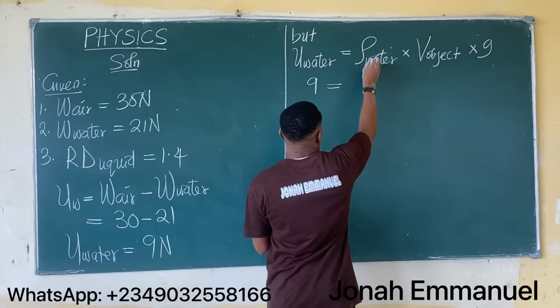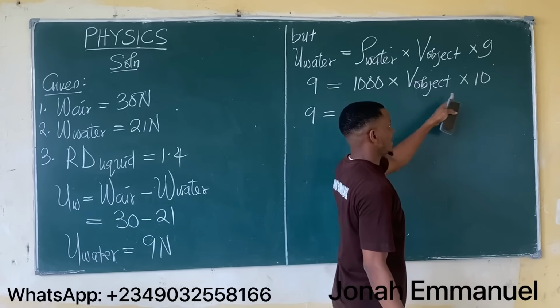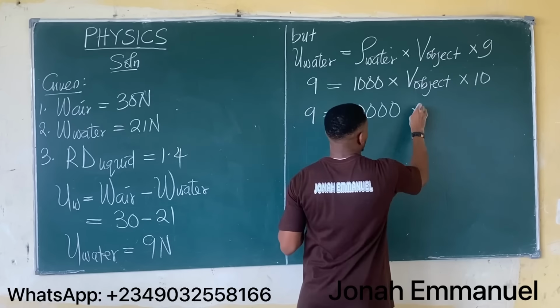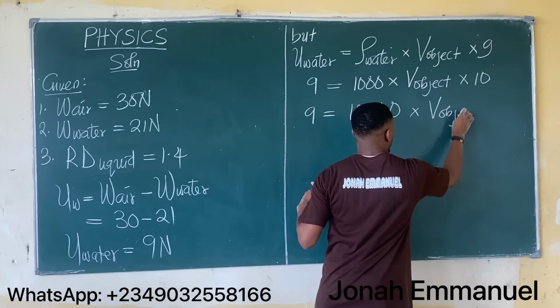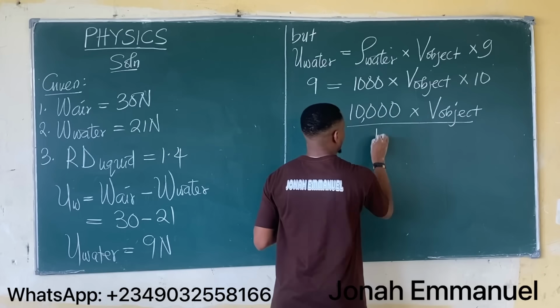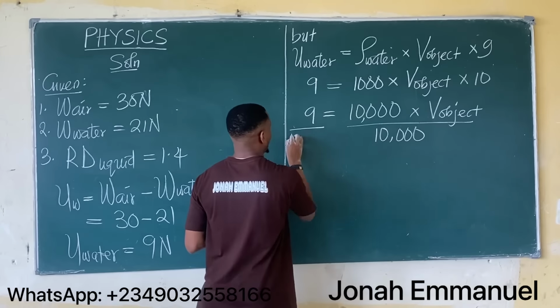So 9 equals density of water, which is 1000, times volume of the object times gravity, which is 10. So 9 is equal to 1000 times 10, which becomes 10,000, times volume of object. To get the volume of the object, I divide both sides by 10,000, so this cancels.